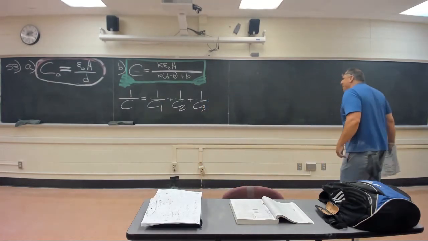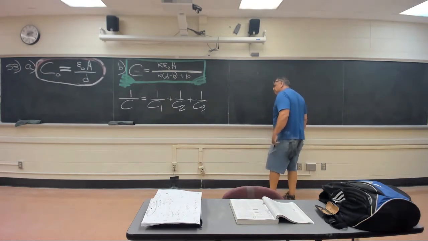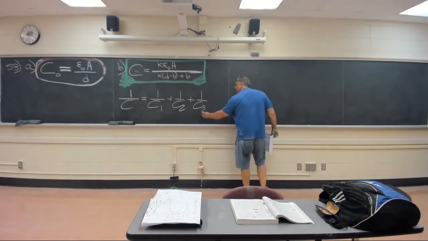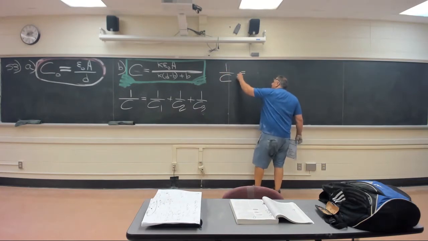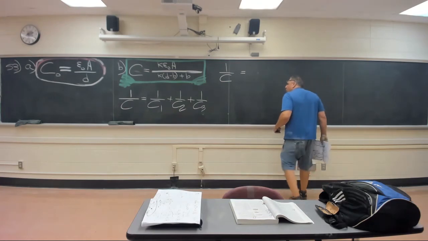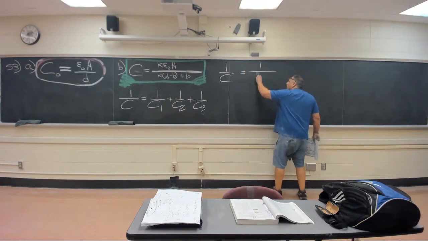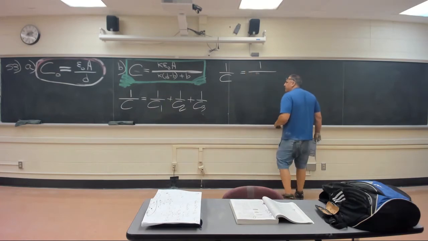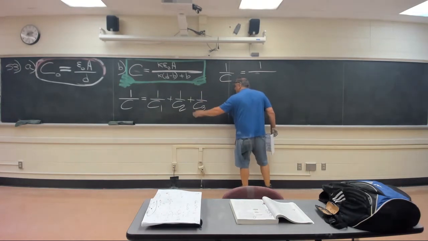I'm trying to remember how I wrote what was what, right? 3, I think, was the one that had the slab, right? 1 over C1. C1 was the one that's got the dielectric, and the other ones don't.